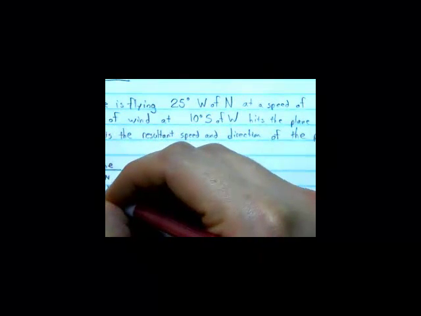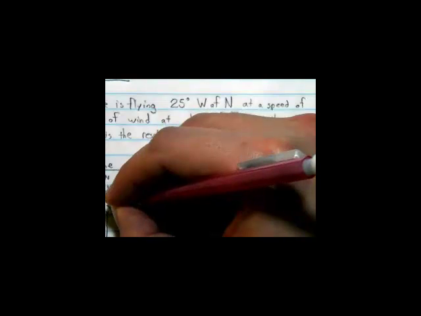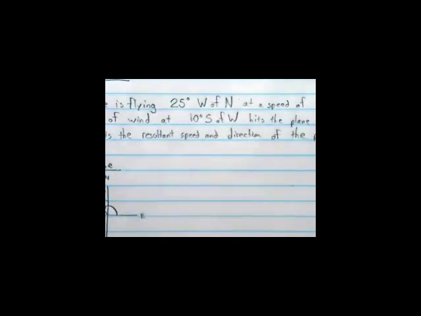Because here's the thing. If I'm going to do that, that means this is 25 degrees. The angle I want to use for my vector, though, is always off of the positive x-axis. That's how we've always measured angles on the coordinate plane, right? So in this case, it should be off of east. So if it's 25 degrees west of north, what's the actual angle that I'm going to use for my vector then? 115, right.